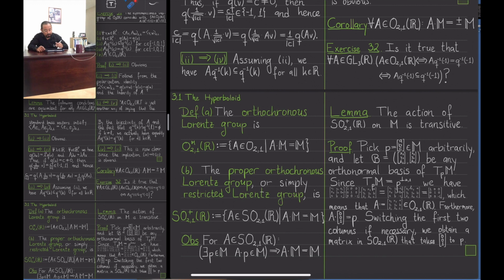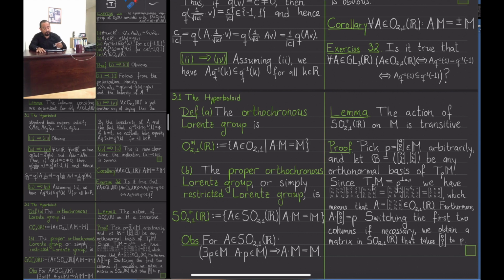A continuity argument, a topological argument, shows that in order to preserve M bijectively, it's enough to exhibit one point whose image under A is in M. I leave it to you as an easy exercise in topology: when you have a matrix that already preserves Minkowski's form and has determinant 1, in order to preserve M, it suffices to exhibit one point that is preserved.